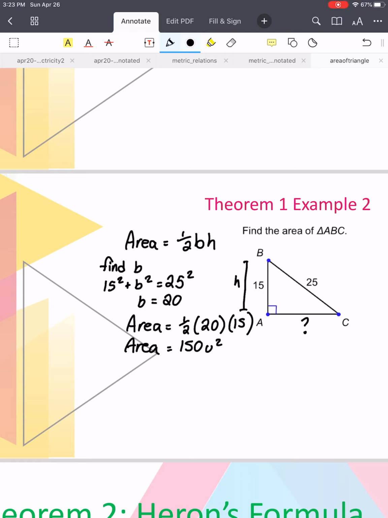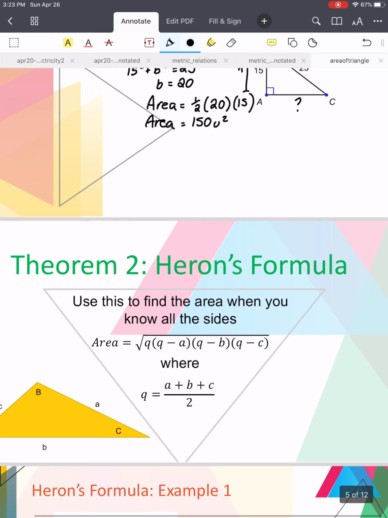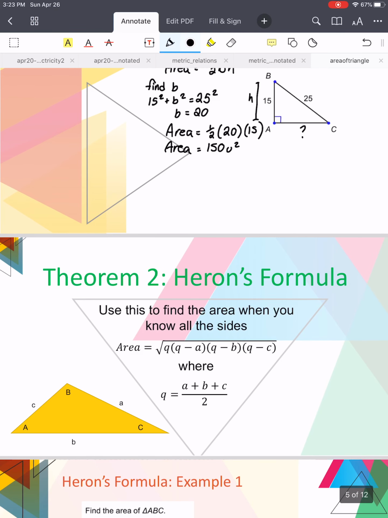Using trig, I want to show you a couple different methods to find the area of the triangle, and that's basically depending on what you're given. Up to now we've been given the base and the height, or a way to find the base and the height. Next thing I'm going to show you is called Heron's formula. This is a super useful little formula if you are not given the height of the triangle, but you're given all three sides.